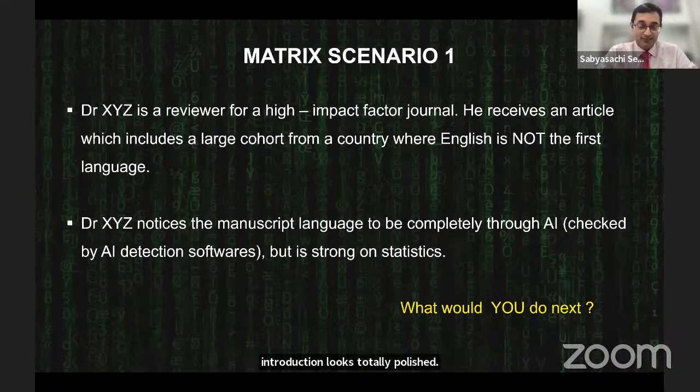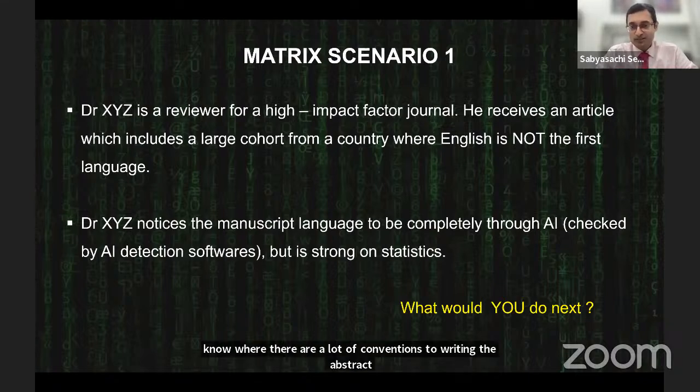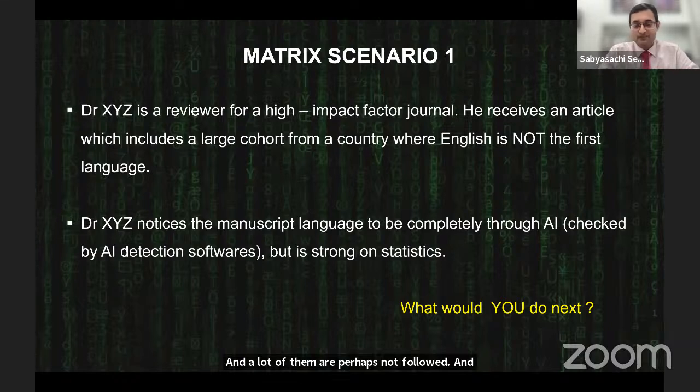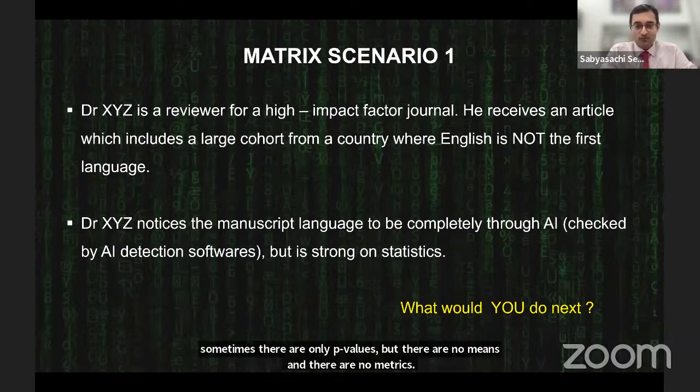And the last place that looks exceedingly woeful is the abstract, where there are a lot of conventions to writing the abstract, and a lot of them are perhaps not followed. Sometimes there are only p values, but there are no means and no metrics. And sometimes there are only metrics and no p values.